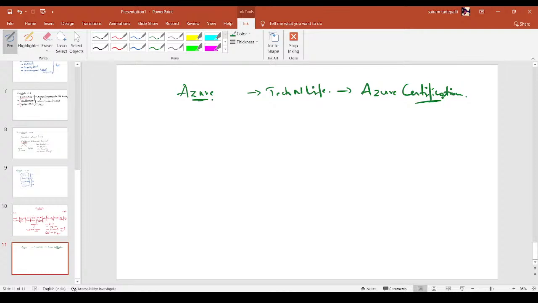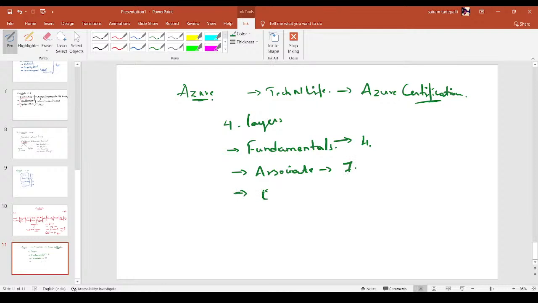So totally here also there are 4 different types of layers. 4 layers will be there. So the first thing is fundamentals. To start a career out of this cloud computing, you need to understand all these things. Fundamentals will be having 4 different certification programs. And next one is associate, which is having nearly 7 different types of certification programs.